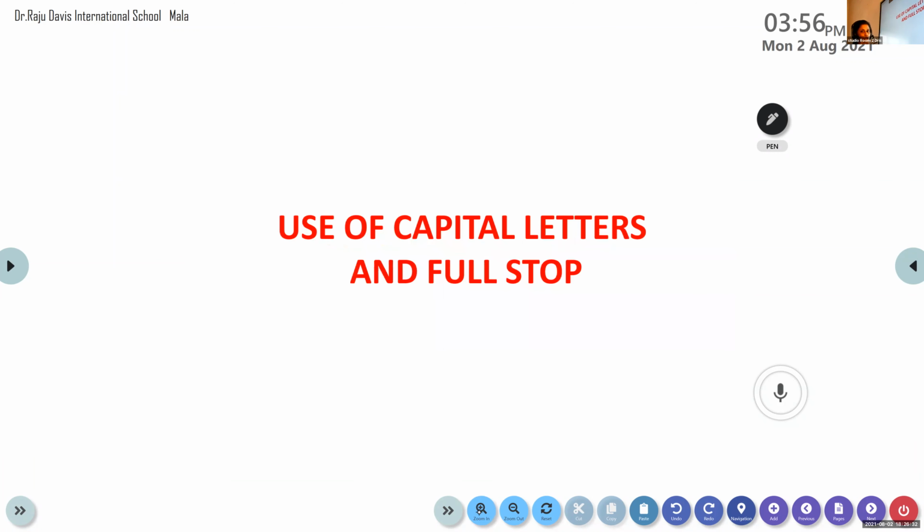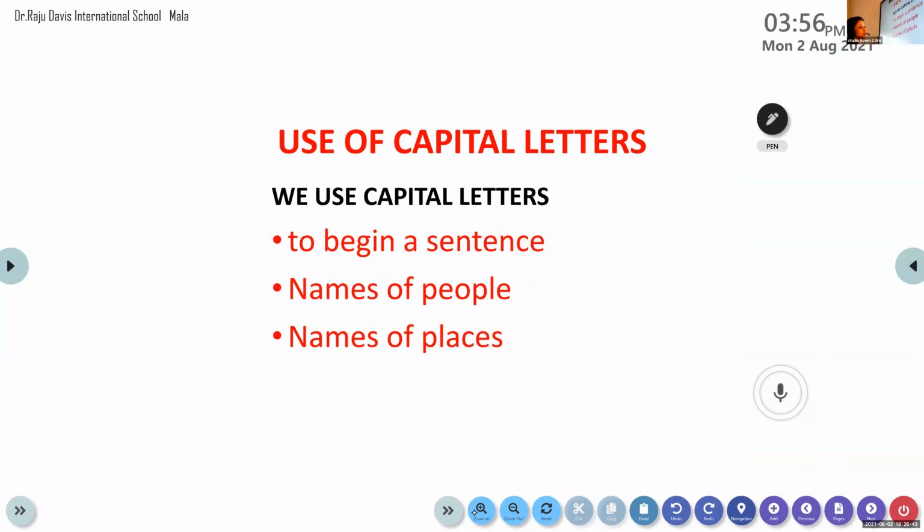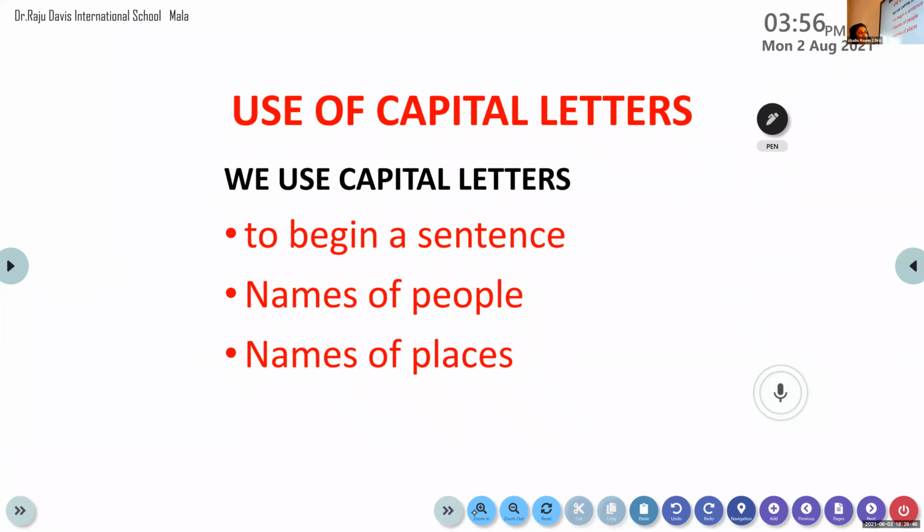Now, let's move on to the use of capital letters and full stop once more. We know that when we begin a sentence, we have to use a capital letter. And not only when we begin a sentence, children, but also the names of people, places, animals, and things. Those are special names. When you write your name, how do you write it? We use a capital letter in the beginning. When we write the names of places, India, Mala or Thrissur, the first letter should be written in capital.